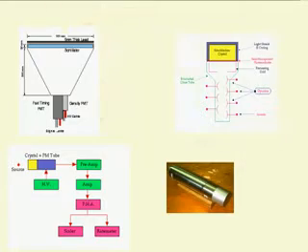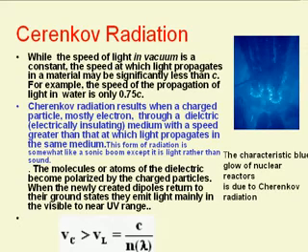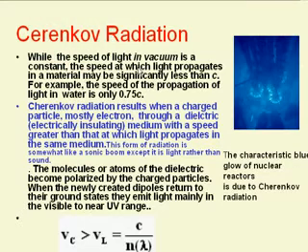Another very interesting phenomenon which is used in particular in high energy detection is what we call Cherenkov radiation. This is something which probably is not very familiar to some of you. Here, what happens is if a particle has a velocity more than the velocity of light, just watch carefully, not the velocity of light in vacuum but in the medium. After all, light has to pass through some medium, correct?